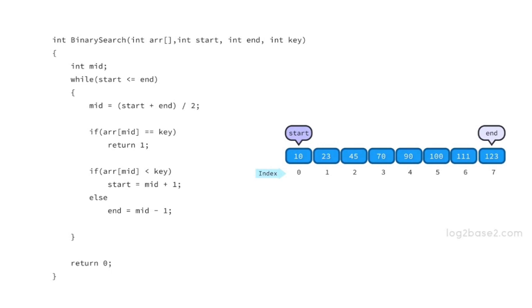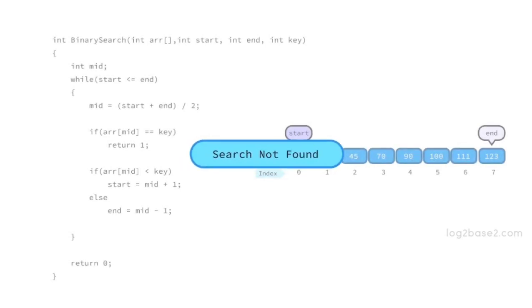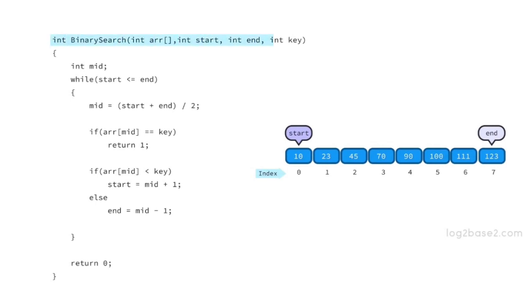So we have the function binary search here, which will take the array, its start, end and the key to be searched into it. And it will return 1 if the key is found, and it will return 0 if it is not found. So we pass this array, its start index 0 and end index 7 and key 45 into the function and declare a variable mid.